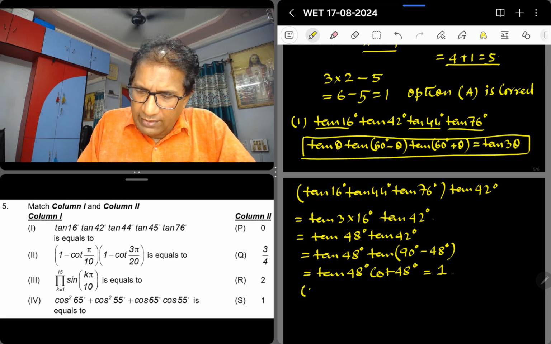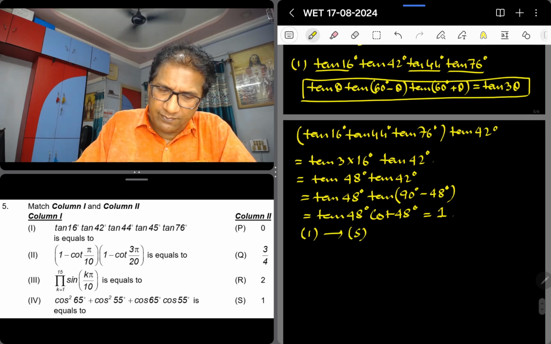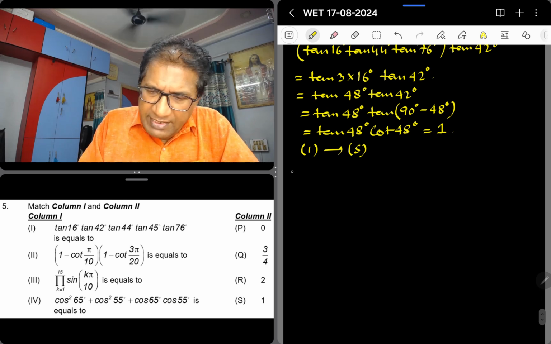Hence, for 1, the matching in column 2 will be S. Okay, let me take the second one.